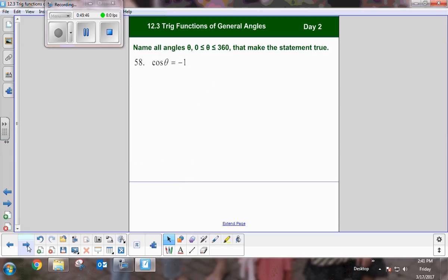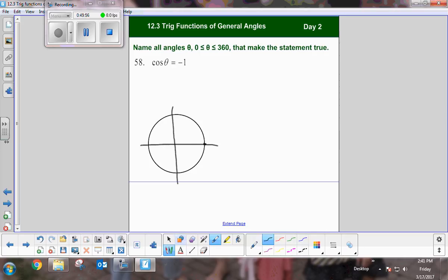Cosine theta is negative 1. So again, I should have had it all on one page. Cosine is x over r. So what do I want x to be equal to here? What would 0 over 1 be? That would be 0, right?